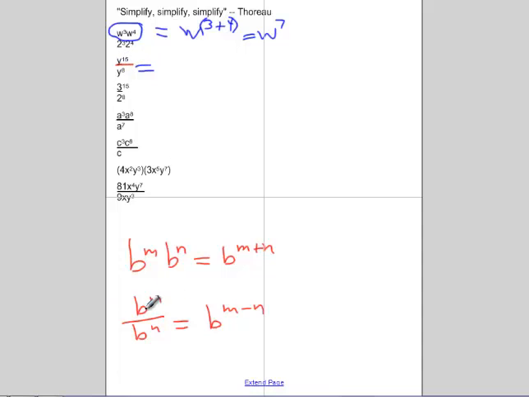If the bases are the same and we're subtracting exponential powers, then the base stays the same in the answer, and m minus n is the exponent of the denominator subtracted from the exponent of the numerator.